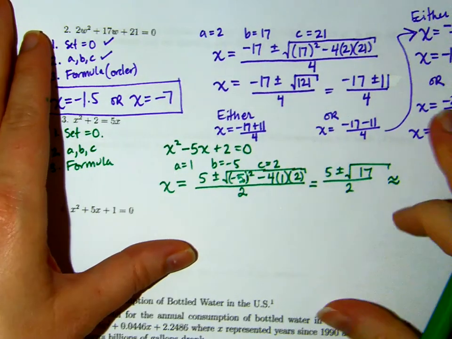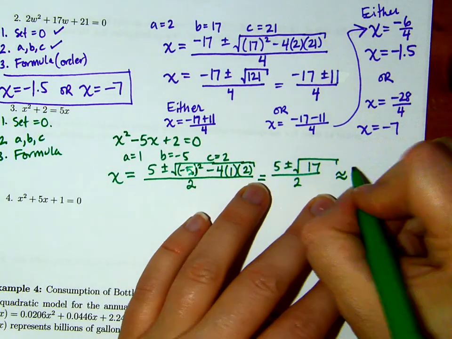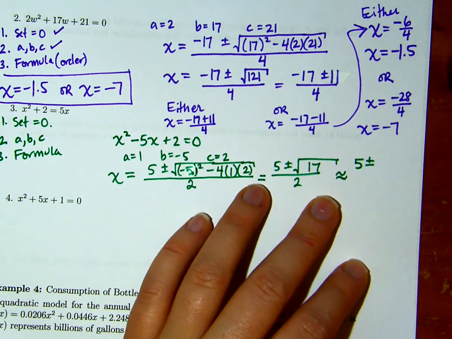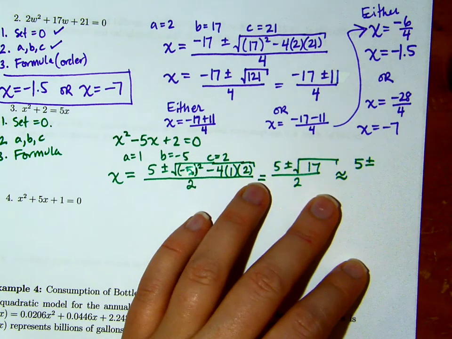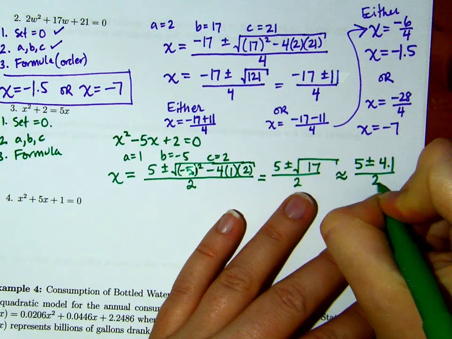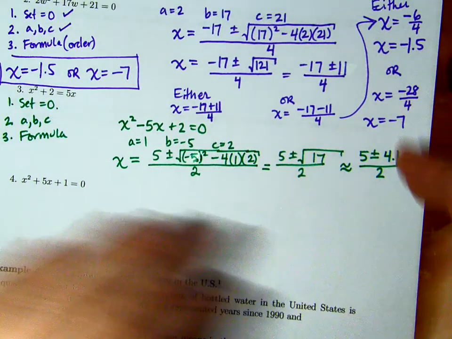Okay, and now I'm going to have to round that. So 5 plus or minus square root of 17 is about 4.1. Okay, and now we do the either or.